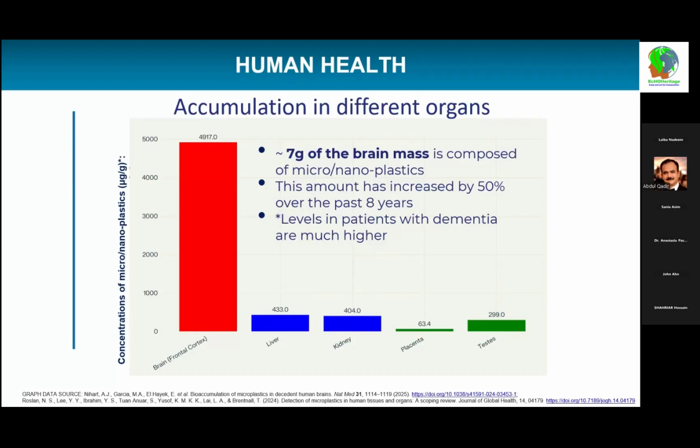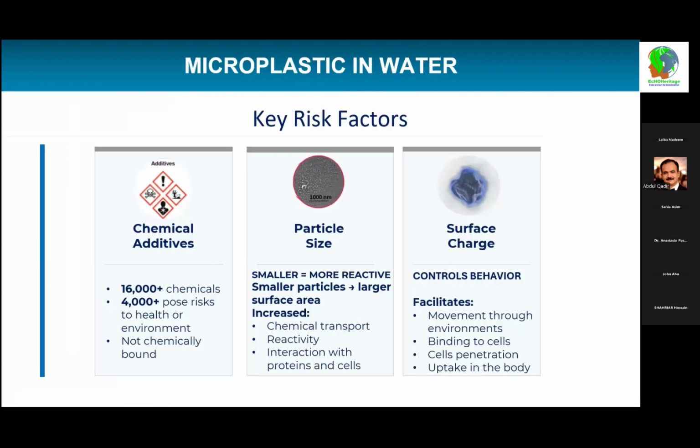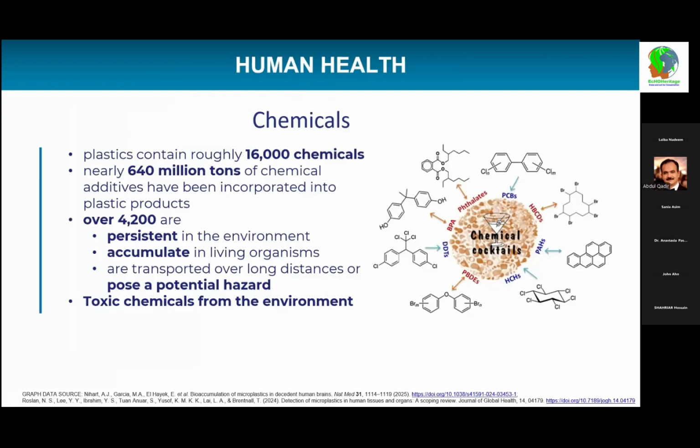And the key question is, how do they impact human health? Today, we understand that the harm from micro and nanoplastics is influenced by their key properties, and we would like to highlight 3 of them. First is the chemicals, and micro and nanoplastics carry chemical additives that have already been discussed many times: phthalates, bisphenols, and polybrominated diphenyl ethers.